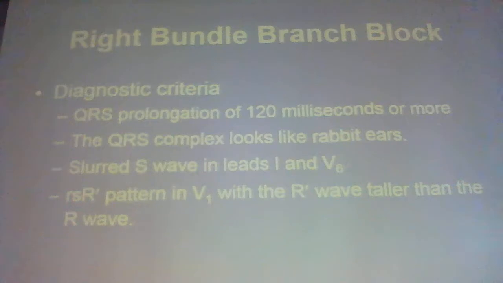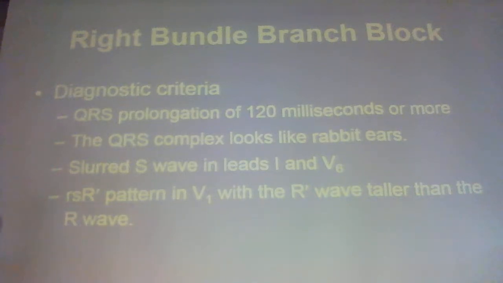Now, determining the right and the left is pretty simple. We only look at V1. We look at the terminal velocity of V1, which means which direction the QRS is going. Terminal velocity of the QRS in V1. So think about this.